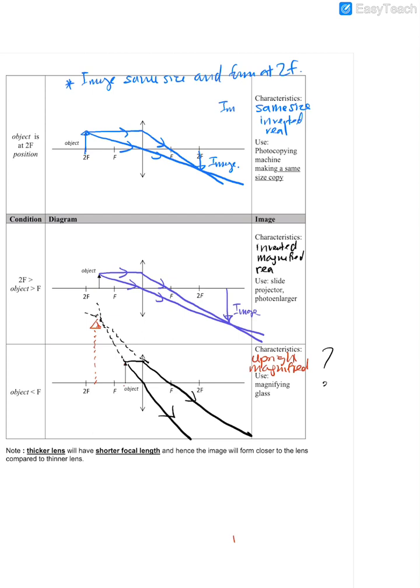Then between 2f and f, it is bigger. And within the focal length, it is also bigger, but virtual and upright. So it's much better to learn this than the next one. Okay? So that's the drawing bit.